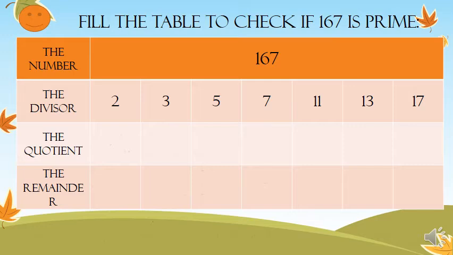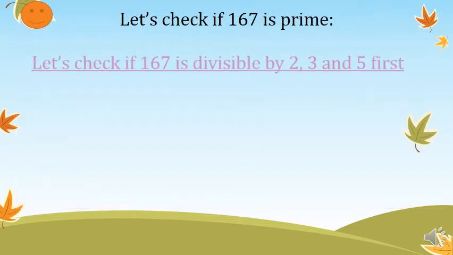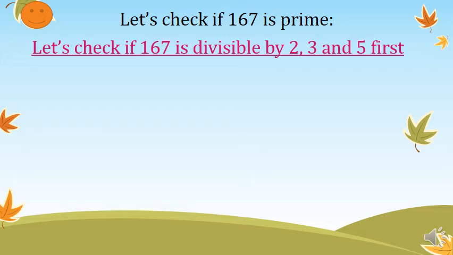Okay, now I have to check if 167 is a prime or composite number. First, as we said, I have to check if it's divisible by 2, 3, or 5, because I know the rules of 2, 3, and 5. Let's check if it is divisible by 2, 3, or 5.